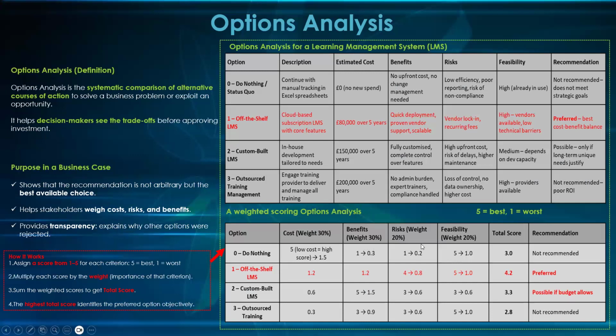For benefit, the same 30. For risk, because we know risk is an issue, but it's not really high there, we score it 20. We look at feasibility, that's implementation. We also scored it 20 because it's not really a big issue.